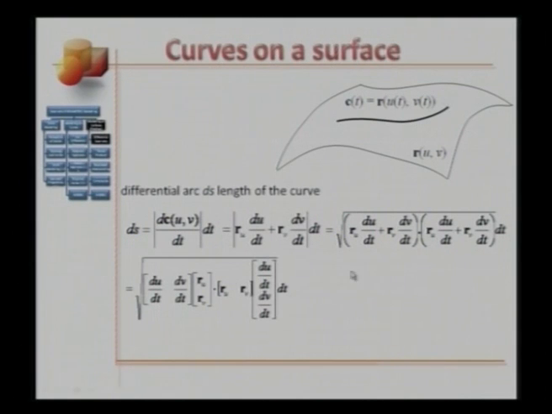We can write this result in matrix form here. If you look at this expression, this can be written as the row matrix du over dt, dv over dt times the column matrix ru rv dotted with ru rv times du over dt, dv over dt, times dt.